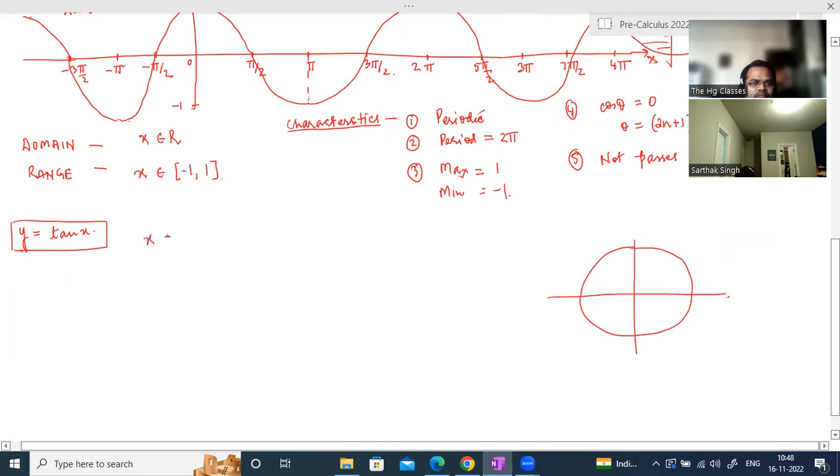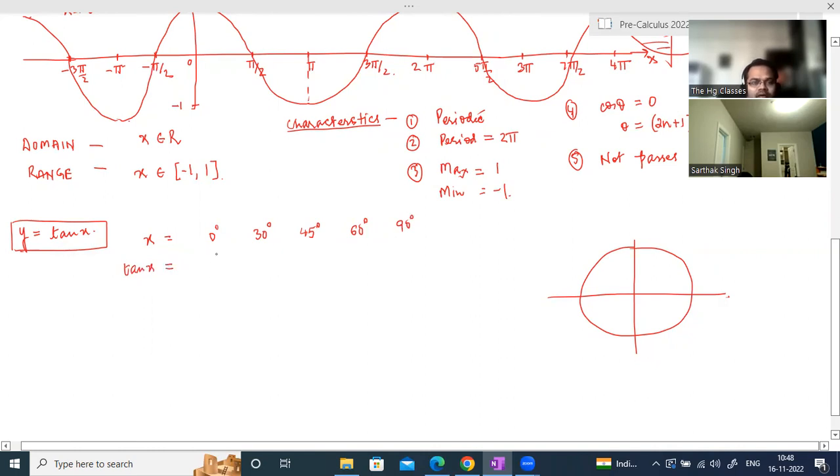For that, we would need to write some values: 0, 30, 45, 60, and 90. What is tan x? The ratio of sine over cos.